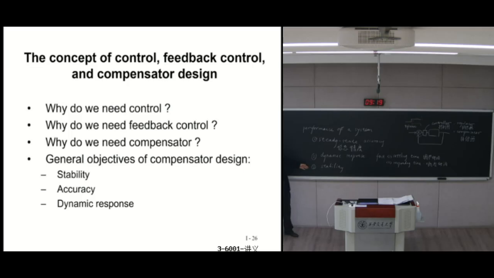First, we want to make it stable. Only when it is stable are we able to do other design work to make sure the steady state accuracy is good and the dynamic performance is good. Okay, that's the overall story.